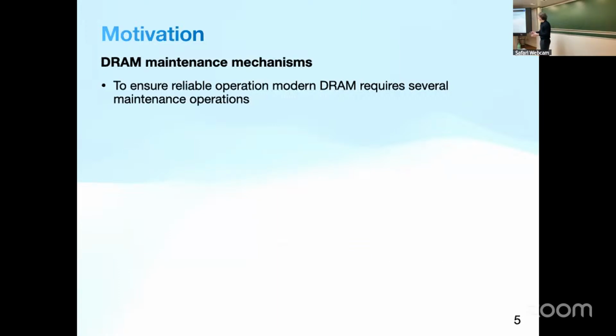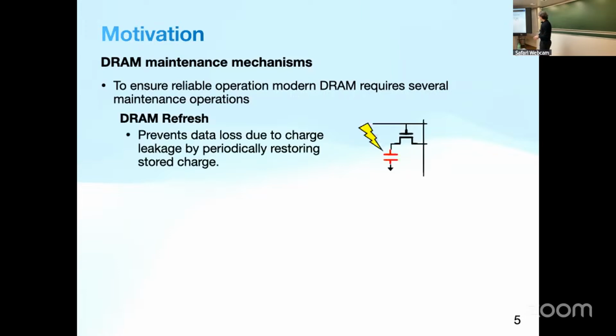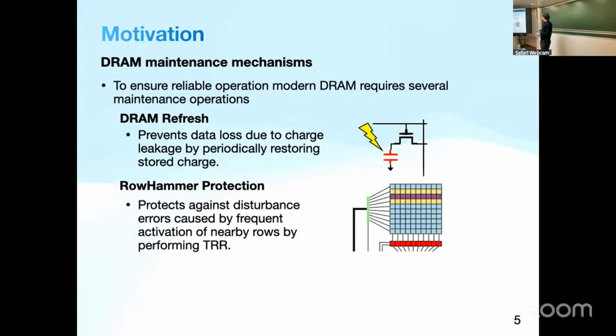Now, to ensure reliable operation, modern DRAM chips require many maintenance operations. The paper talks about three of them. First, we have DRAM refresh. This prevents data loss due to charge leaking from the capacitors in the DRAM cells themselves. Next, we have RowHammer protection.